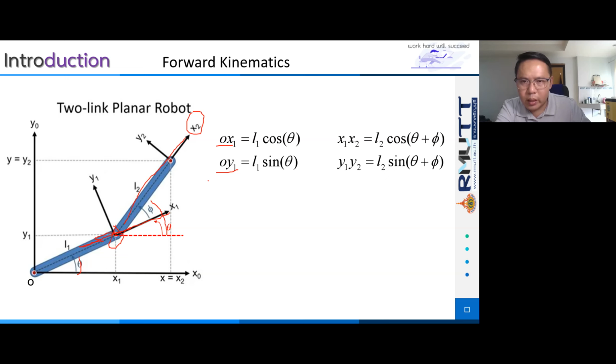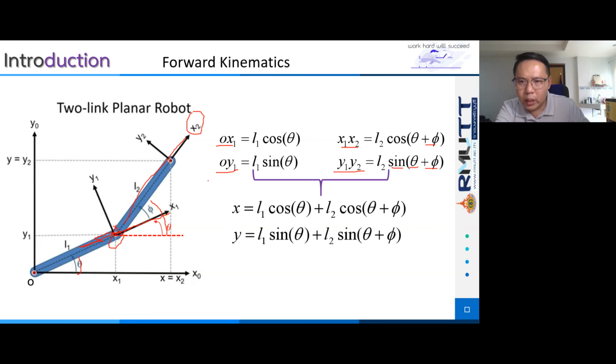So the x1, x2 equals L2 times cosine of theta plus phi. The y1, y2 equals L2 times sin of theta plus phi.